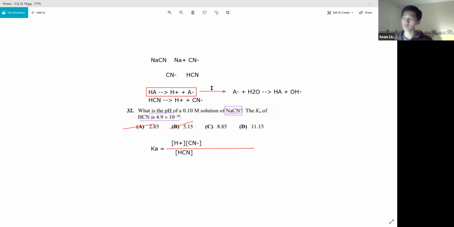You form hydroxide from water and then the base forms the conjugate acid. So here in the acid equation, acid forms conjugate base and the product you have is H plus. Here, base forms conjugate acid and you have hydroxide as your final thing.